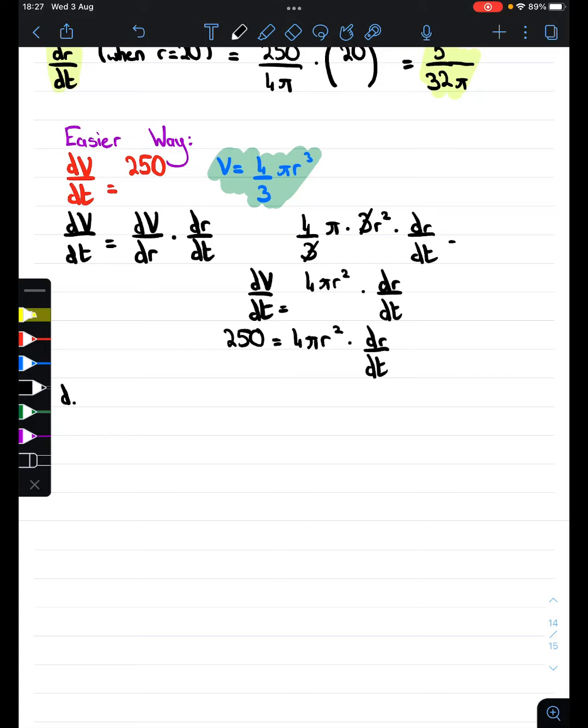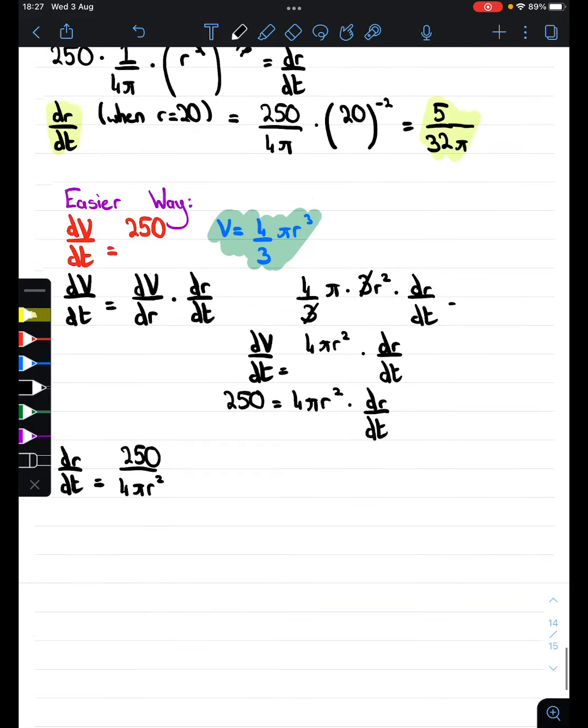So let's do that. dr dt equals 250 over 4 pi r squared. And you'll actually notice, if you look carefully, this is exactly what we got earlier, but this way was, at least I think, a little bit easier.